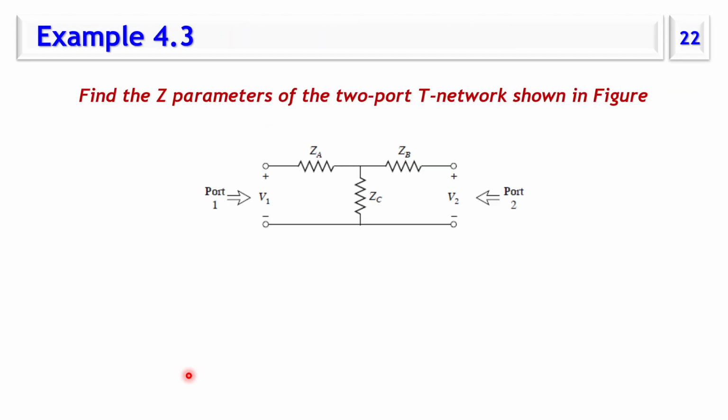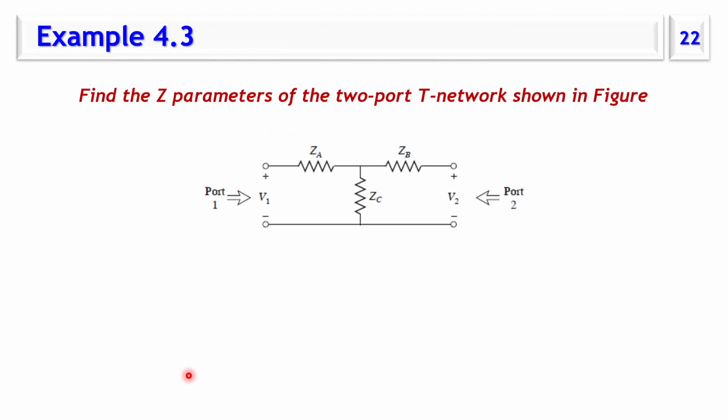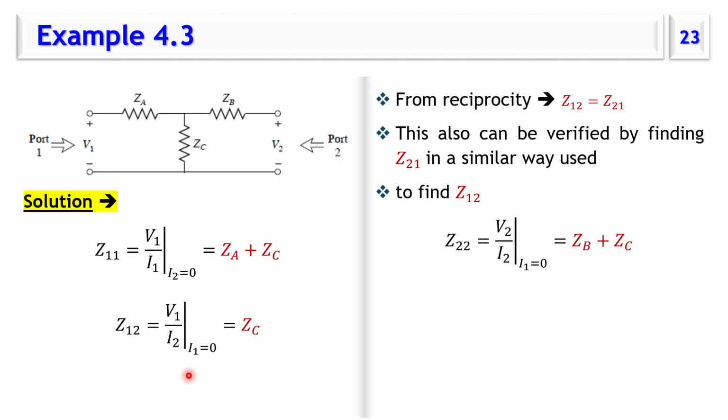Now let us practice and do some exercise on this. We have this shown network, and we would like to find the Z parameters of this T network shown in the figure. So we just put the circuit and apply the definition.